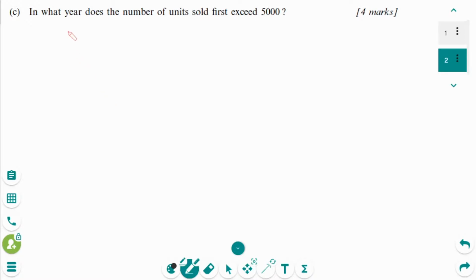Number C, Un is greater than 5,000, which is 160 times 1.5 to the power of n minus 1 is greater than 5,000. Then divide by 160 on each side. 1.5 to the power of n minus 1 is greater than 31.25.